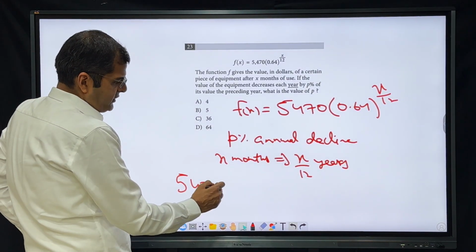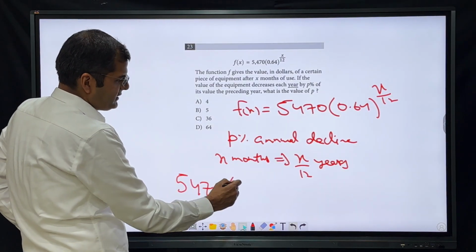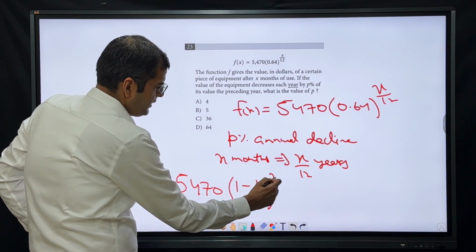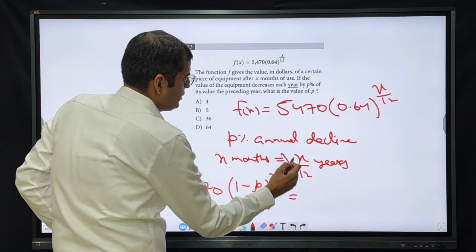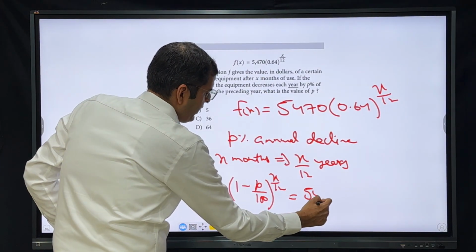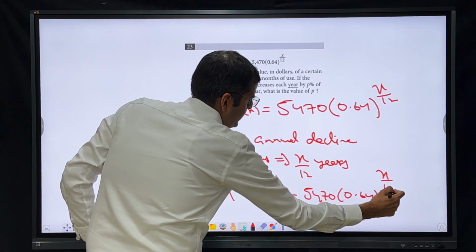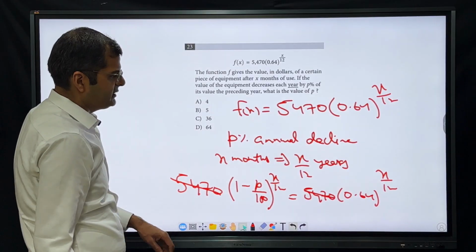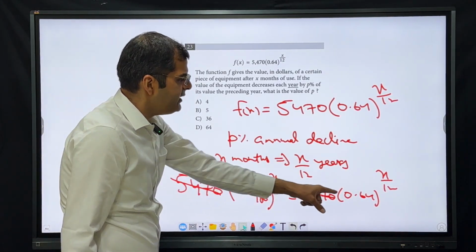So its starting value is 5470 and it declines by p%. So it will be 1 minus p by 100 whole raised to power x by 12. Okay, that should be equal to the value given, 5470 into 0.64 raised to x by 12. So 5470 gets cancelled. X by 12 is the same here. Here it is 1 minus p by 100, here it is 0.64.